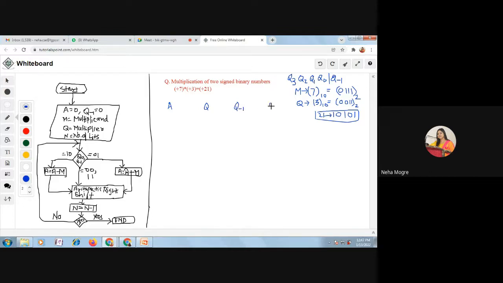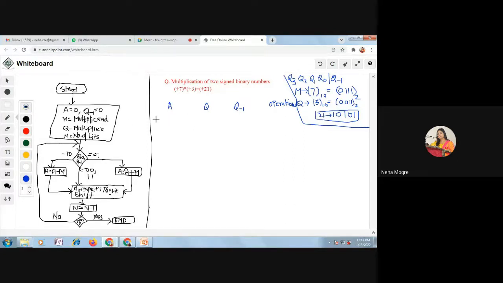We are going to write the operations that are performed.